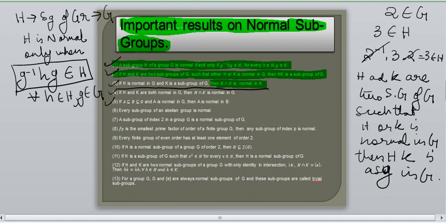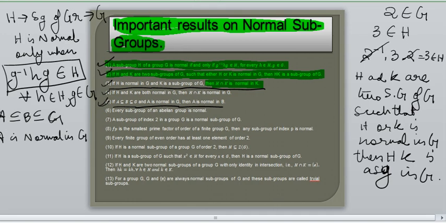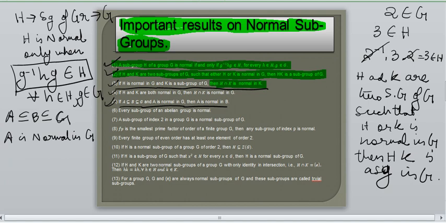Moving on to our next one. If A is a subset of B and B is a subset of G, and A is normal in G, then A is normal in B also.